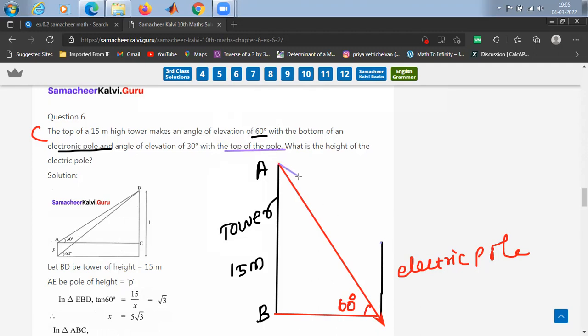So from the same top of a tower to the top of a pole, it is 30 degree. So 30 degree means you have to connect the top of the electric pole to the tower. This is how we have to draw. So here it makes 30 degree. Can you follow this?